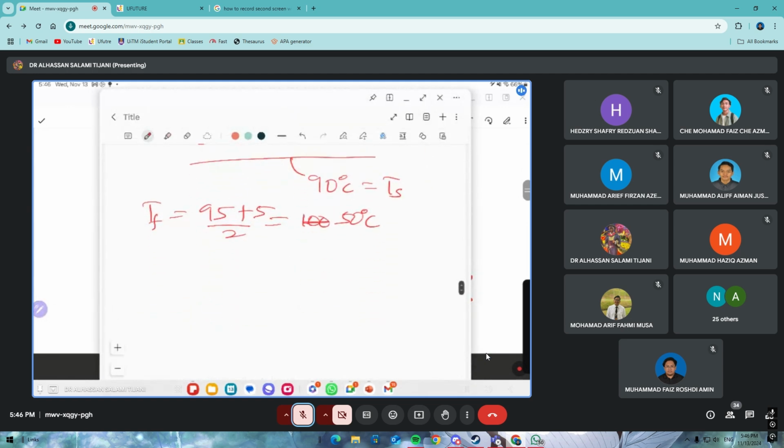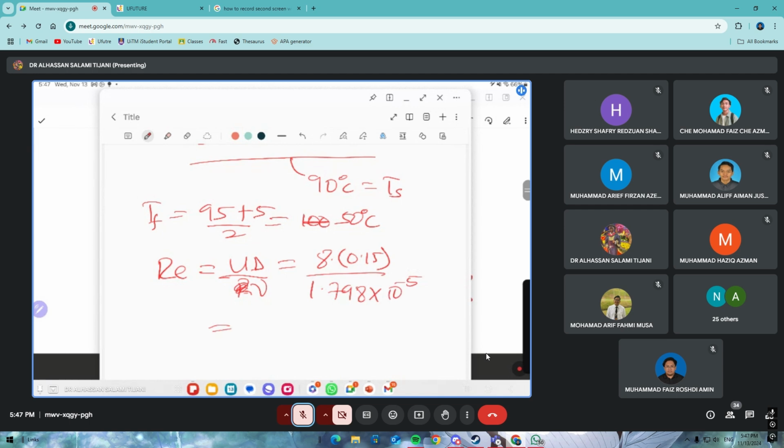All right, so now let's calculate our Reynolds number. Reynolds number equals UD divided by kinematic viscosity, which equals 8 times 0.15 divided by 1.798 times 10 raised to the power minus 5.